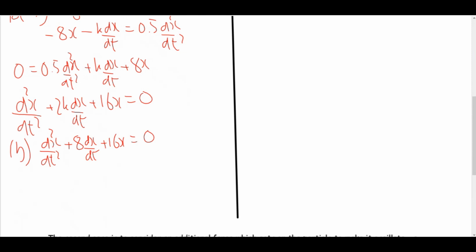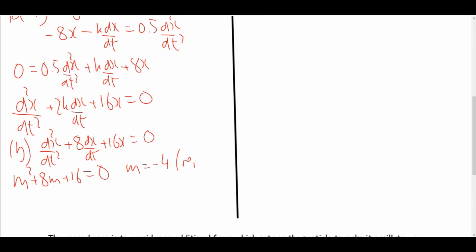So if you write down the auxiliary equation for this, you'll get m squared plus 8m plus 16 is equal to 0. If you solve that quadratic equation, you can do that on your calculator if you wish, you will get that it has repeated roots, m is equal to minus 4.